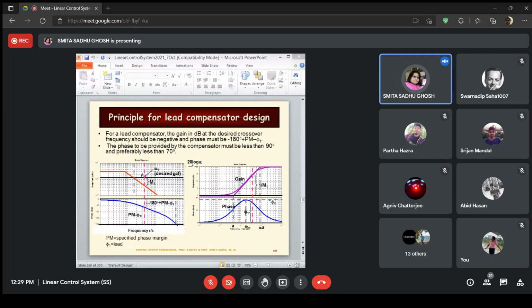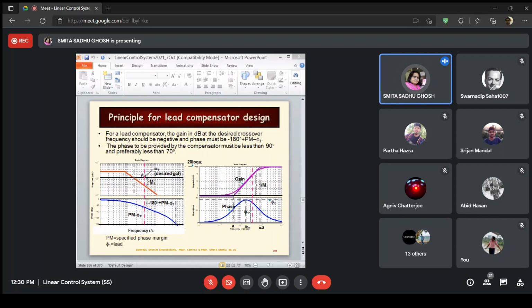And at the gain crossover frequency, the phase margin will now become PM, because PM minus phi 1 plus the phi 1 that I would be getting from my compensator would ultimately make it equal to PM, that is, the phase margin that is specified, right? So now, if you look at this phase plot, the difference with minus 180 degree is equal to PM minus phi 1.